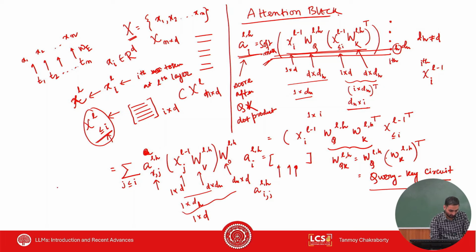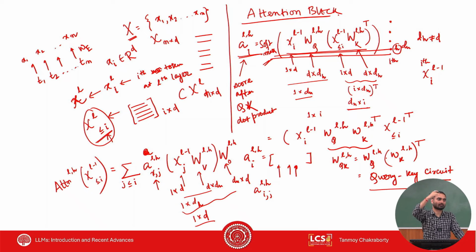And this is my attention vector, which I denote by ATTN, lth layer hth head, with x^(L-1) as the input. So for a single attention head h, I will get a vector of size d.